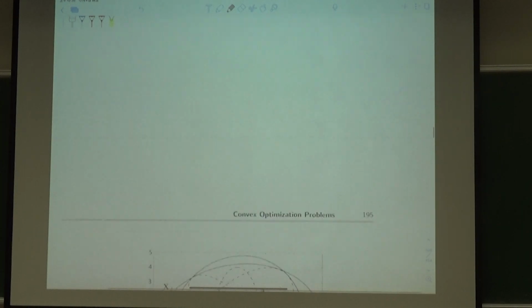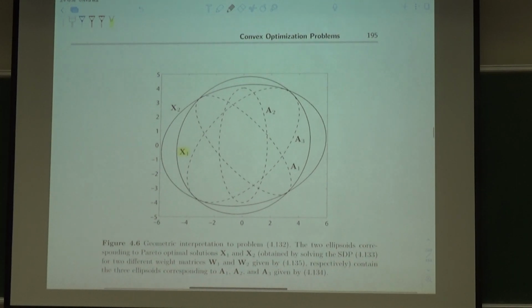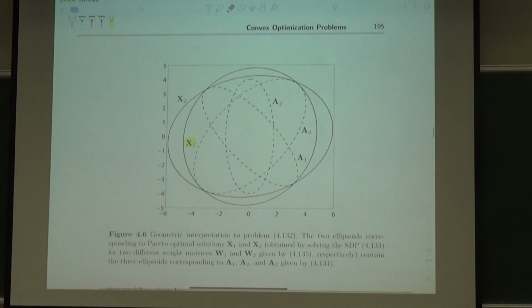So we give an illustration of the result. For W1, we solve the minimum point X1. The ellipsoid defined by X1 contains A1, A2, and A3. This is not a vector case, it's a matrix case, and this is the only way I know how to illustrate.